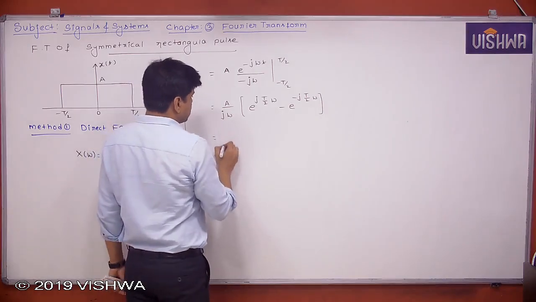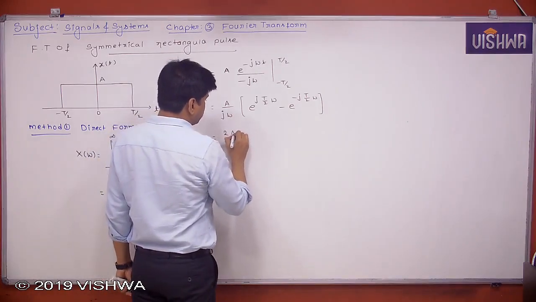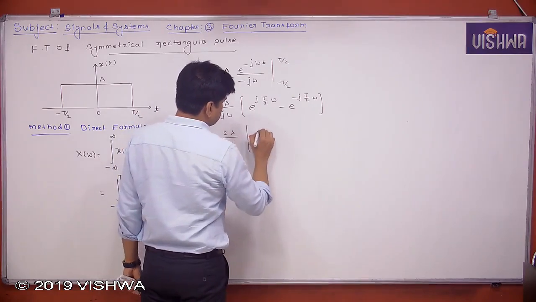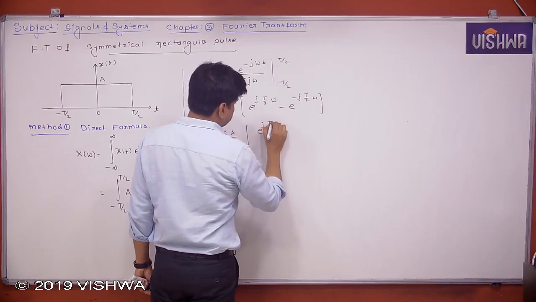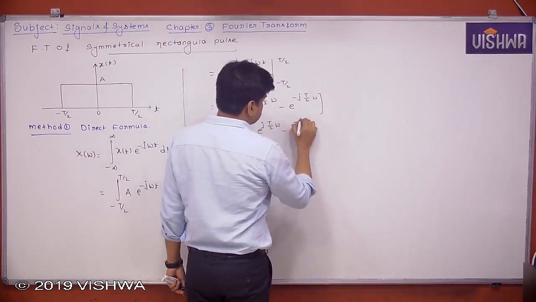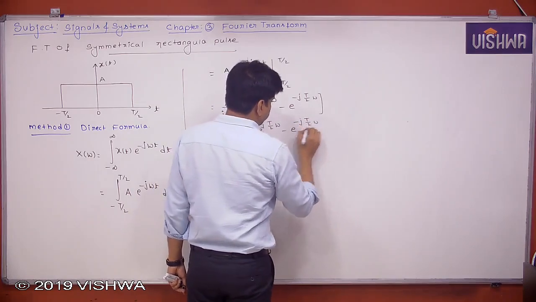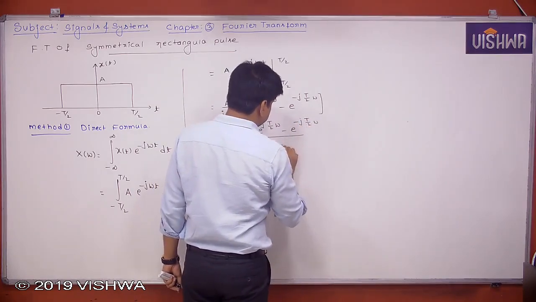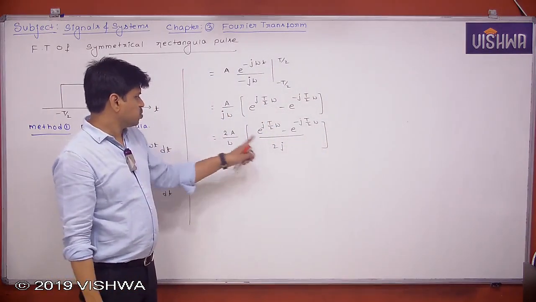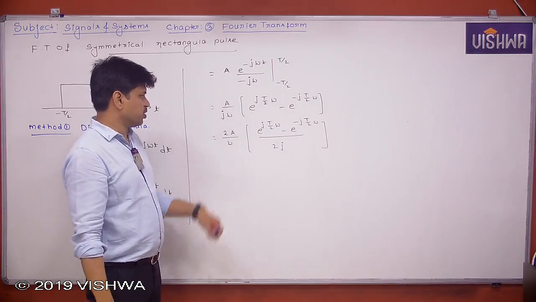If I multiply by 2 and divide by 2, then this is going to be written like this: e power j T by 2 omega minus e power minus j T by 2 omega, by 2j. Can I write it like this or not? So 2 gets cancelled, j comes here, and this is what we are going to get.